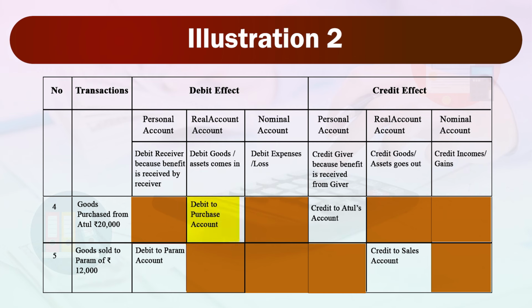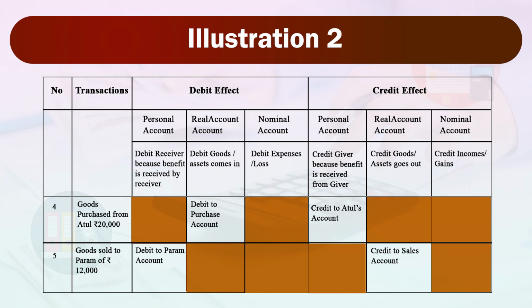So, we will debit the purchase account as goods comes in business. The second account is Atul's account. As Atul is the giver, it will be treated as a personal account. So, we will credit Atul's account as goods is given by Atul on credit.